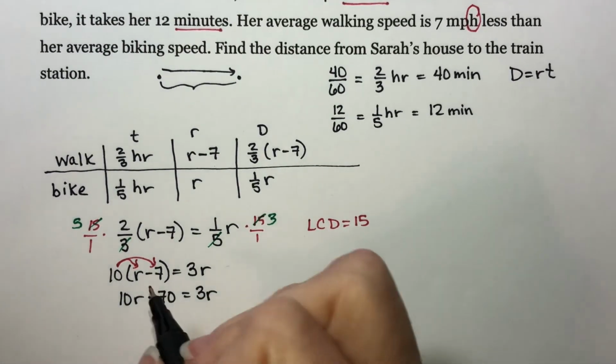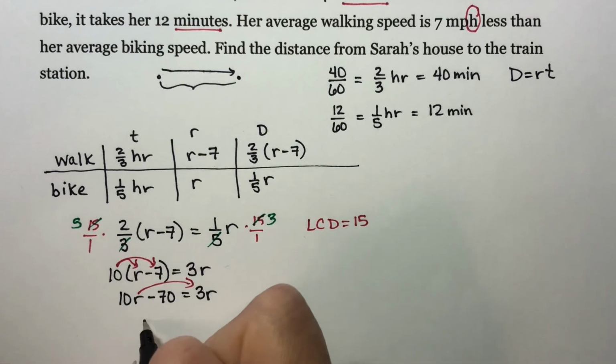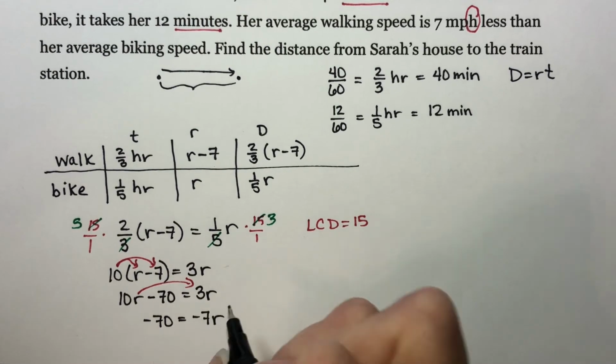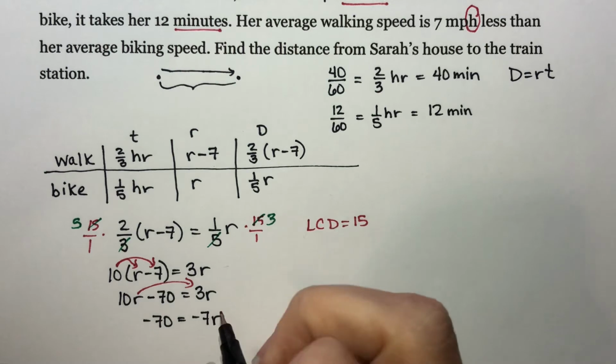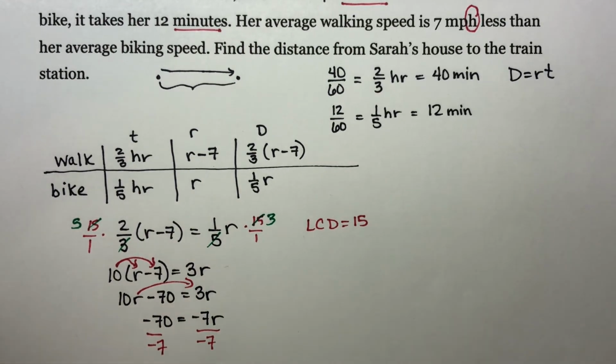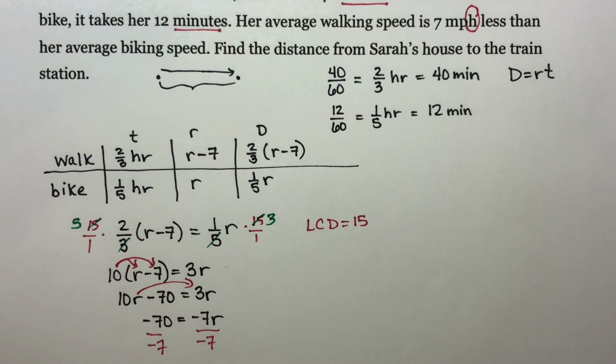Okay, now let's subtract 10R from both sides. Negative 70 is equal to negative 7R. Divide both sides by negative 7. And we get 10 is equal to R. Okay, so what is it we found?